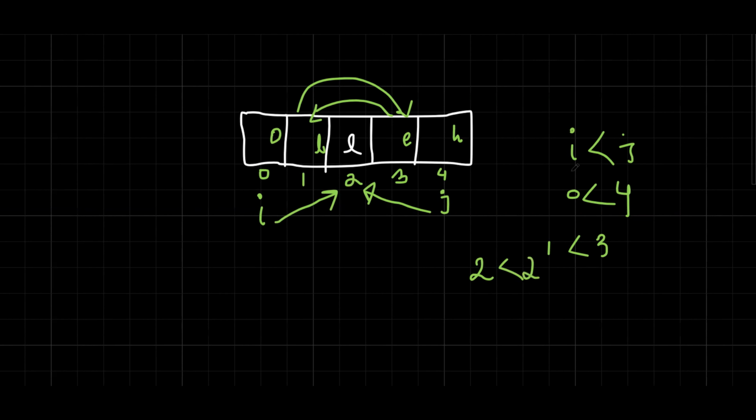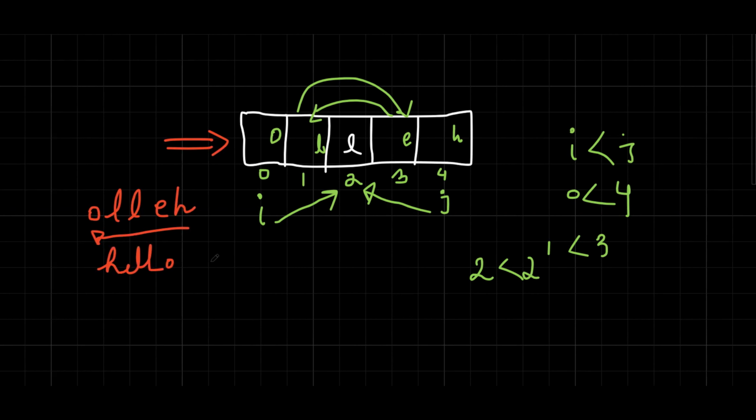That means the condition I less than J is violated. That means in this case, we have to stop the algorithm. Now, if we stop the algorithm, the final result will be O, L, L, E, H, which is the reverse form of hello, which is H-E-L-L-O.